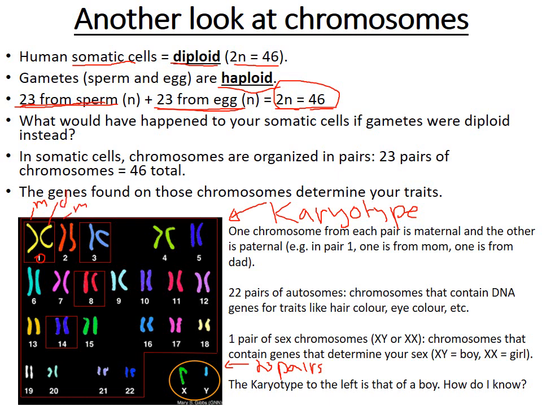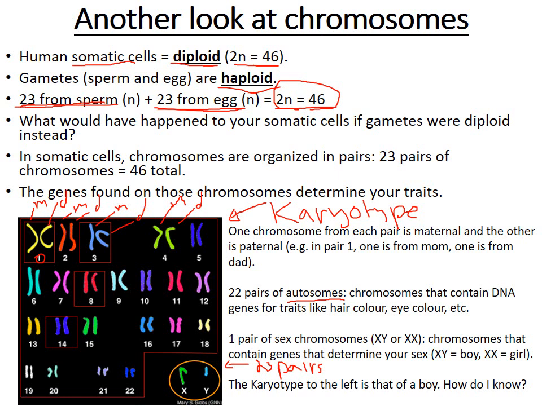Mom, dad. Mom, dad. Mom, dad. So you have 23 pairs. 22 pairs are called autosomes, and they're chromosomes that contain DNA with genes that control basically everything except for your sex.